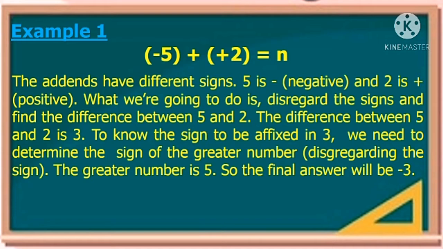The difference between 5 and 2 is 3. To know the sign to be affixed in 3, we need to determine the sign of the greater number, disregarding the sign. The greater number is 5, so the final answer will be negative 3. So we have negative 5 plus positive 2 equals negative 3.